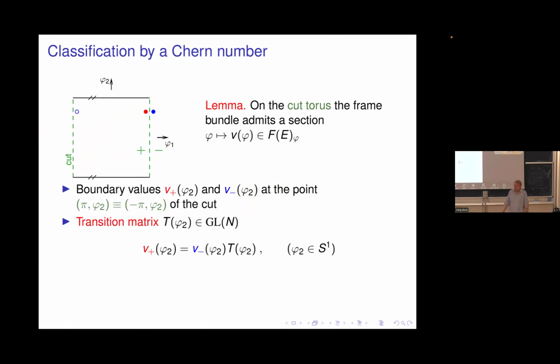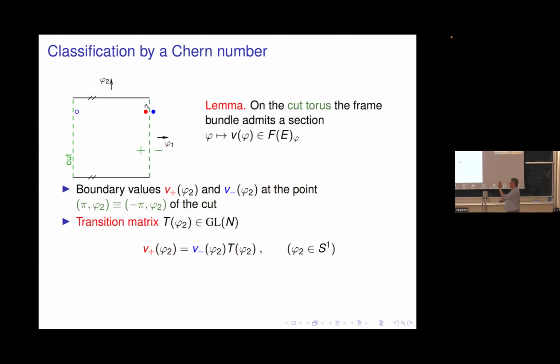Here's something you can always say. If you have one vector space and two bases, they're always related by an invertible linear transformation. This can be written as a right multiplication of V minus.